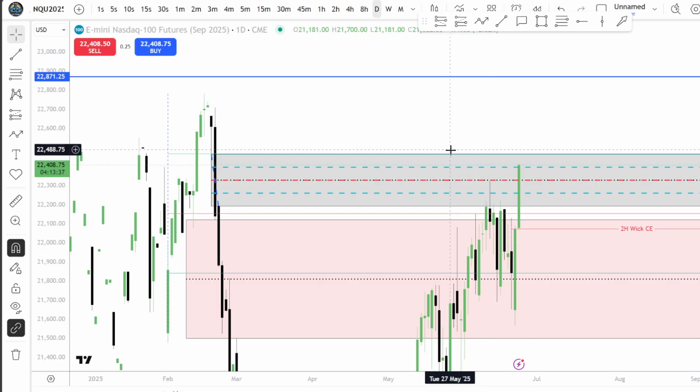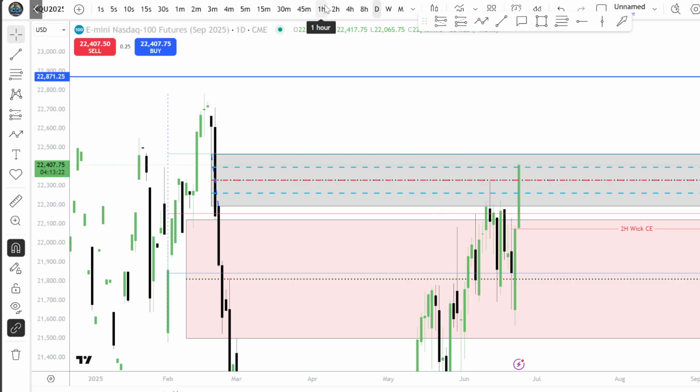So my thought was that we will use the quadrants and turtle soups to scalp this AM session. I didn't take any trades, but the trades were there, I can see in hindsight.